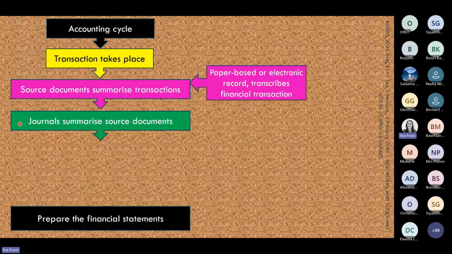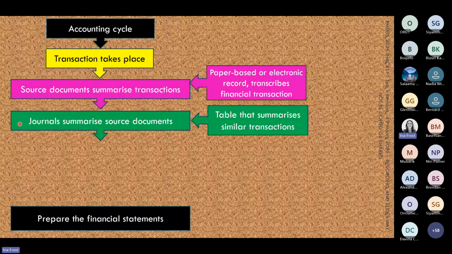As we move through the module, you will see that we will cover each of these steps in the bookkeeping cycle. There is a learning unit covering each of these steps. So we are going to capture our source documents into the journals, and the journal is a table of similar transactions.